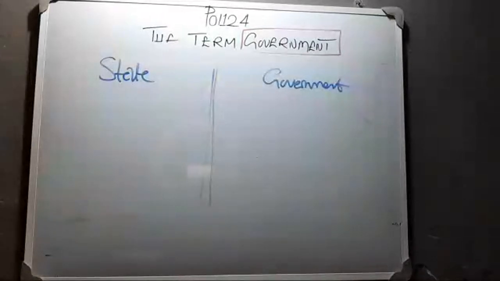Now, a state has 4 basic elements, which are population, territory, government, and sovereignty.